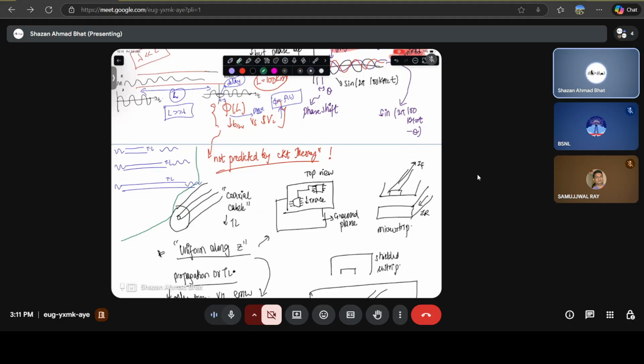That means if you can engineer the length of these transmission lines, you can play with the phases of these electromagnetic waves at the output. And this is critical in a lot of applications.